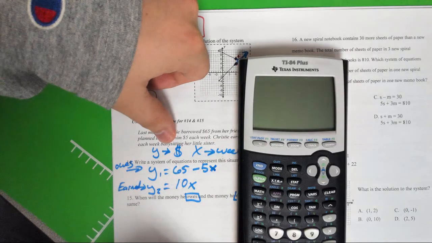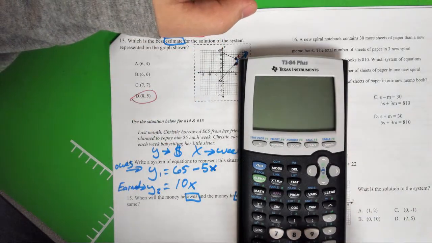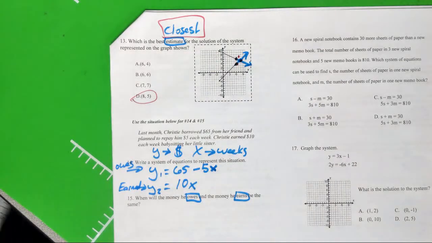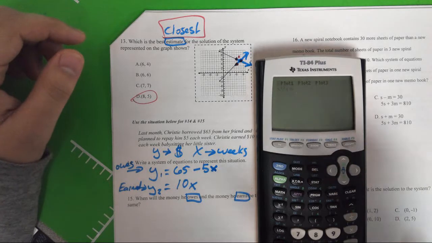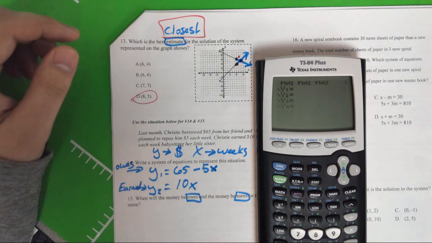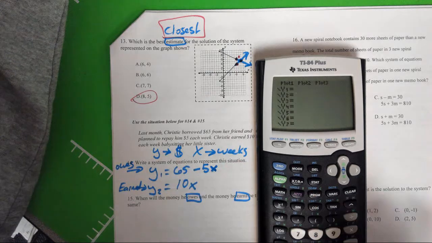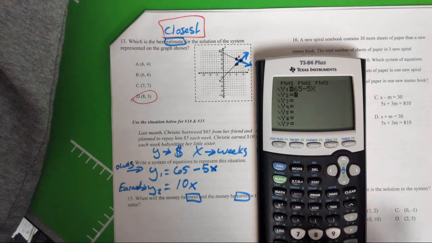Here we go, calculator. For those with an Android, you guys are ready to go. And, of course, my calculator's dead. Okay, so right here, now I got one. Y equals, so for Y1 we'll put 65 minus 5x, and then for Y2 I'll put 10x.